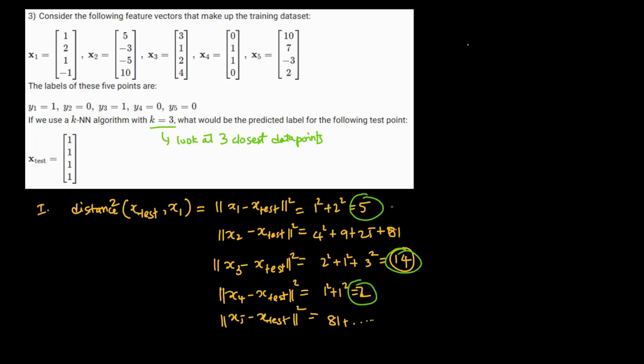For X1 the label Y1 is 1, for X3 the label Y3 is 1, and for X4 the label Y4 is 0. So Y1, Y3, Y4 are 1, 1 and 0 respectively. The majority out of 1, 1 and 0 is 1, so Y test will be equal to 1.